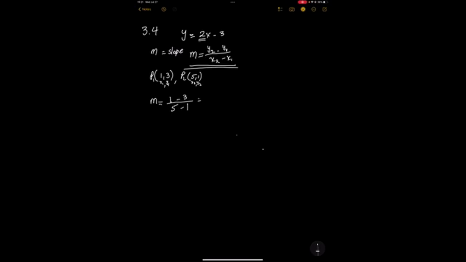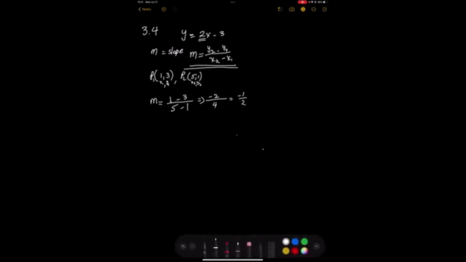So 1 minus 3 is equal to -2, and 5 minus 1 is 4, and that will give you -1 over 2. So the slope of those 2 points would be -1/2.